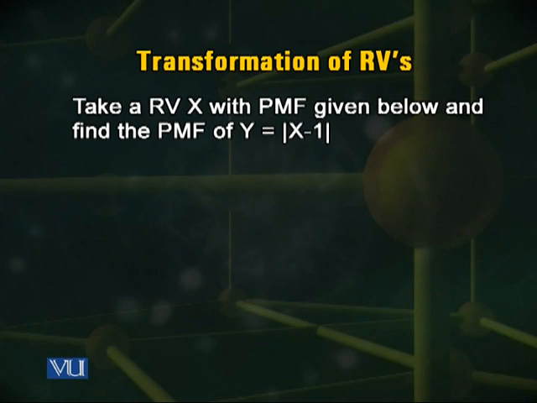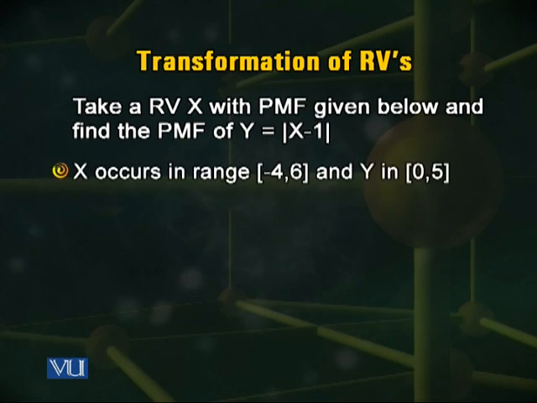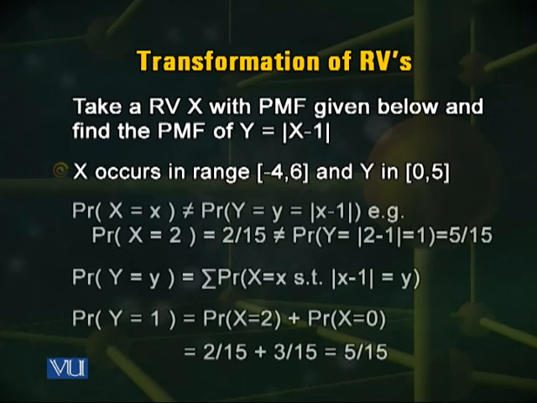If you put in the values that x takes into this formula, you will see that the 8 values that the random variable x assumes get mapped to just 5 values. So certainly this mapping is many to 1.